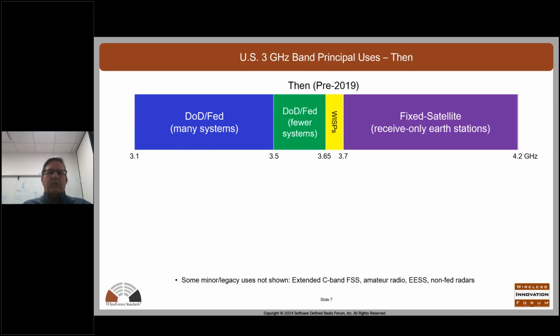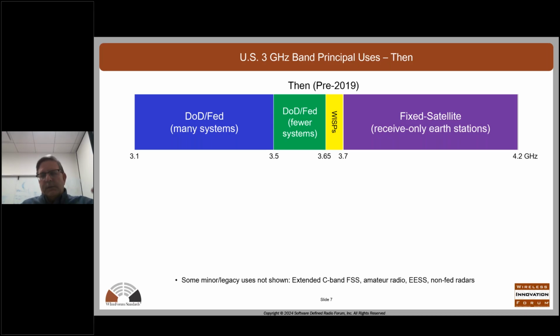So I consider the 3.1 to 3.5 gigahertz band to be highly occupied by DoD and federal systems. On the other hand, DoD and other federal systems also use the 3.5 to 3.65 gigahertz band, but the intensity of use, the variety of systems there, is a bit less. So I've colored it and segmented it off a little bit differently.